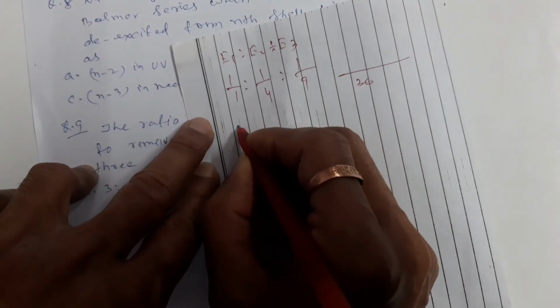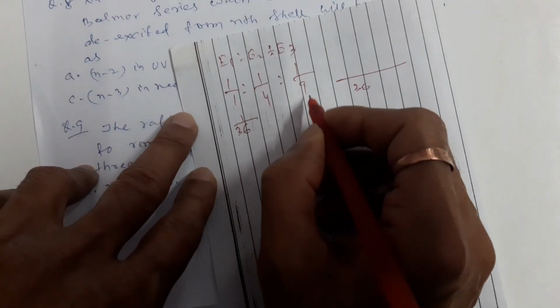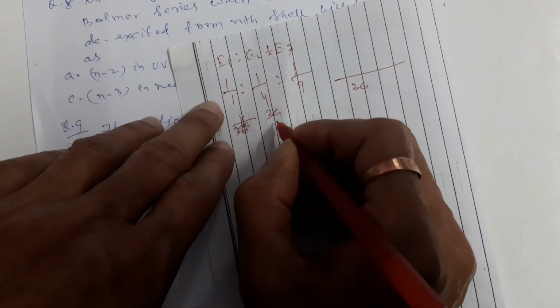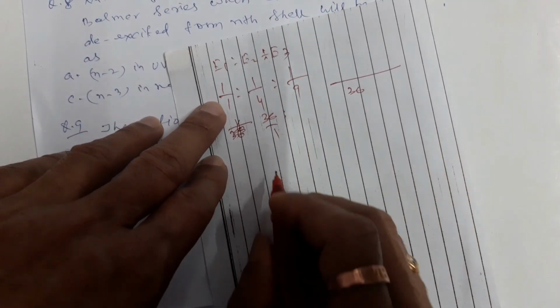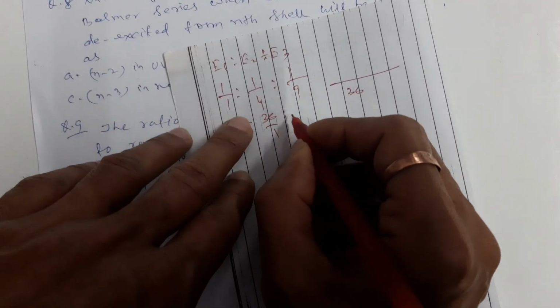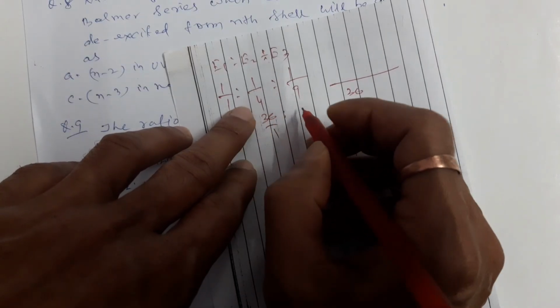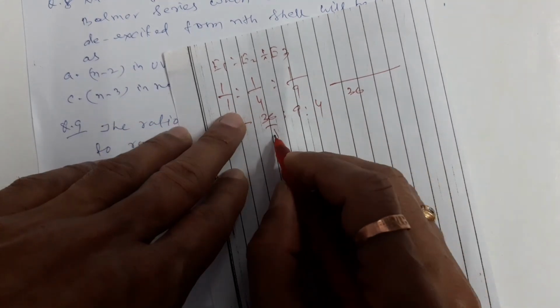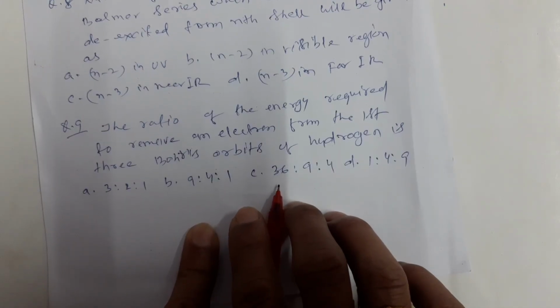So 36 by 1 is 36, then this will be 9 and this will be 4. So 36, 9, 4. So choice C is the correct answer. Okay, students.